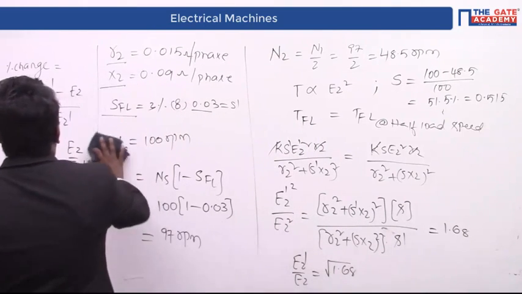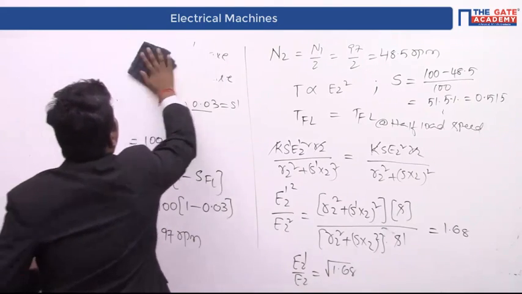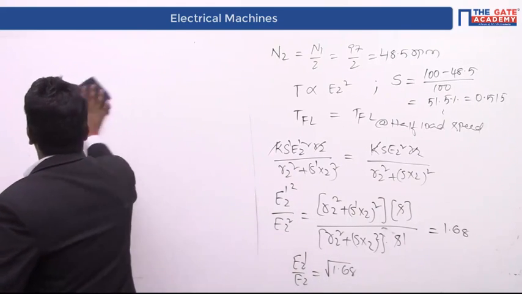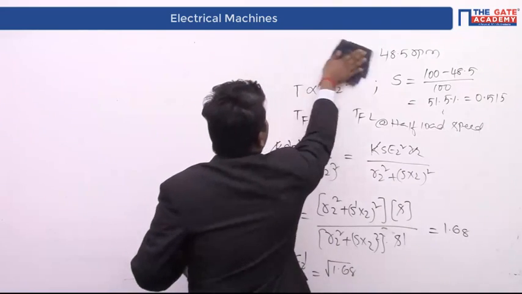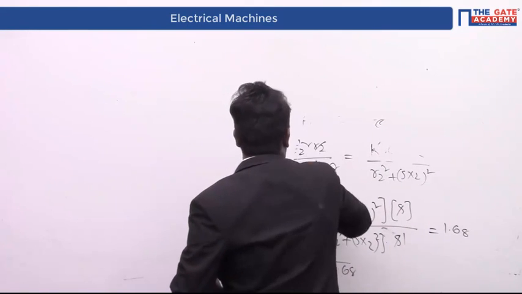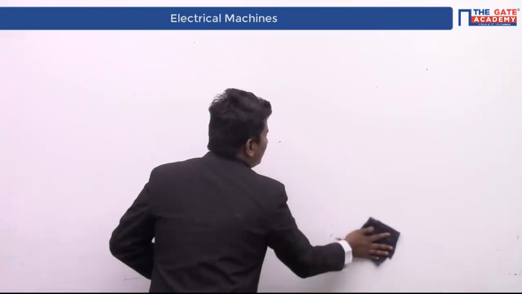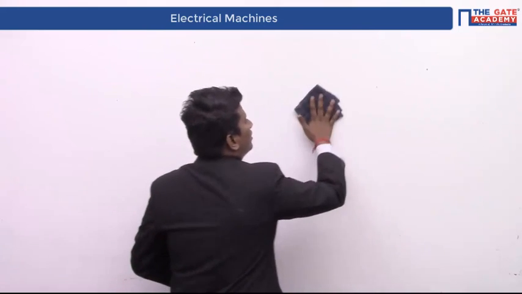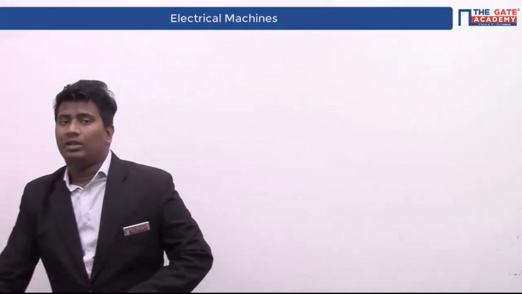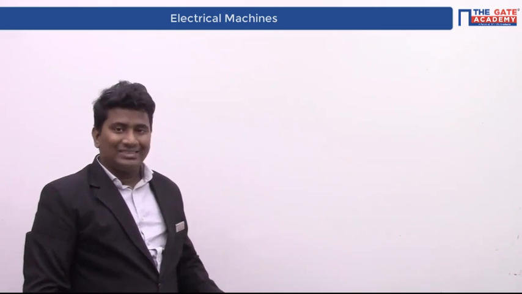Basically, the transformer questions are mainly from either the equivalent circuit or from the losses. Equivalent circuit means you will get a lot of things from it: the open circuit test and short circuit test. From that data, you have to find the answer to the given question. So let us see how they are asking the transformer questions, one by one.